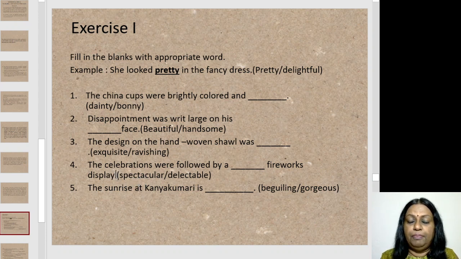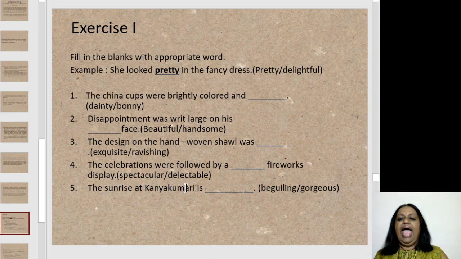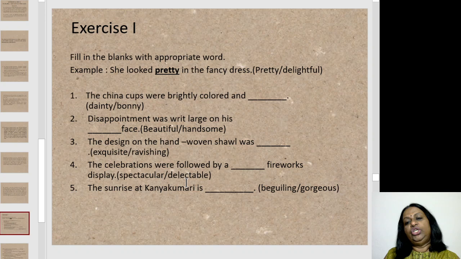Let's look at the fourth fill in the blank. The celebrations were followed by a dash fireworks display. You have the synonyms spectacular and delectable. Which would you use? You would use the word spectacular.